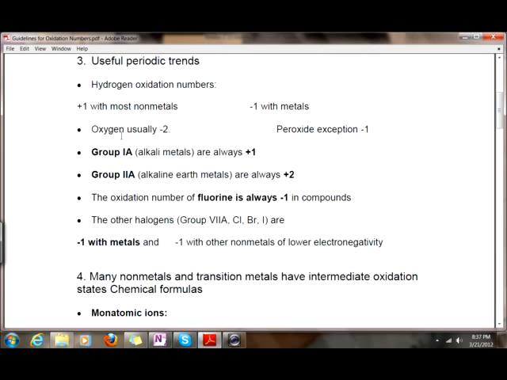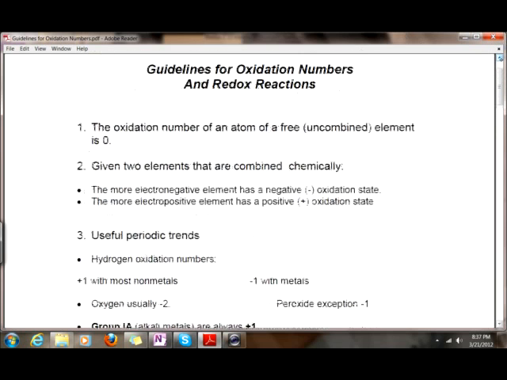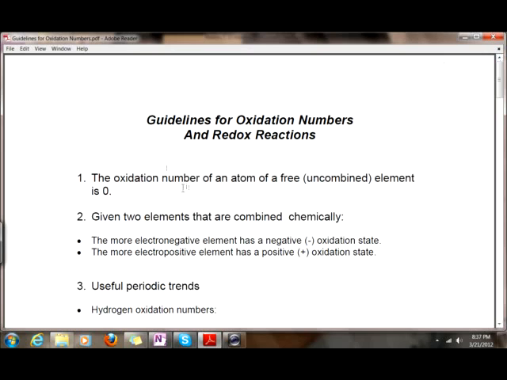They could have multiple charges, the transition metals. So using these periodic trends, I'm going back for a second, because it says rule number 3, but basically this is rule number 2.